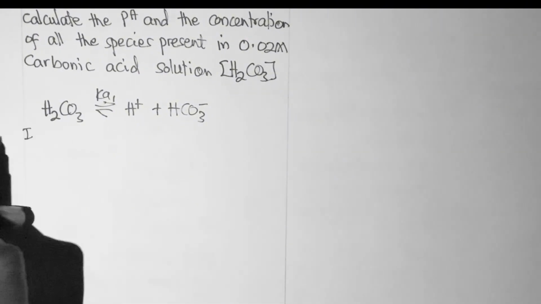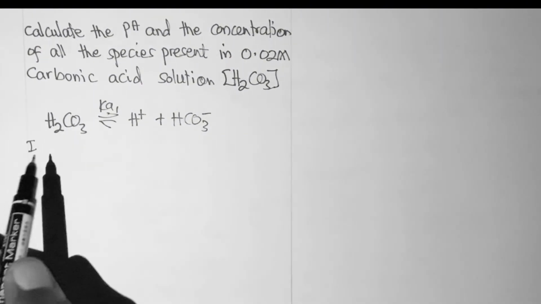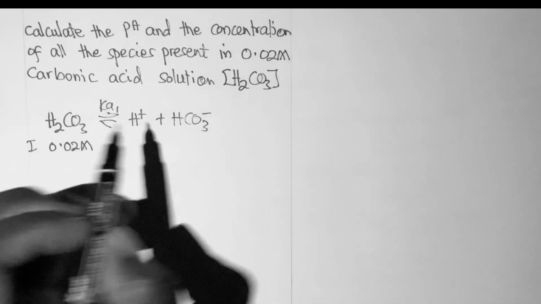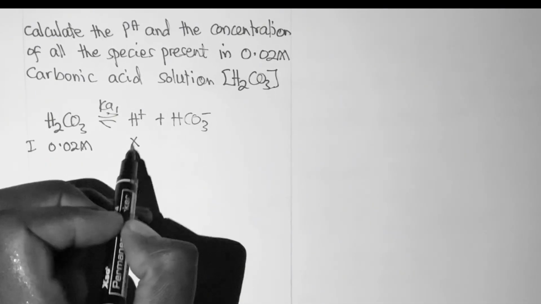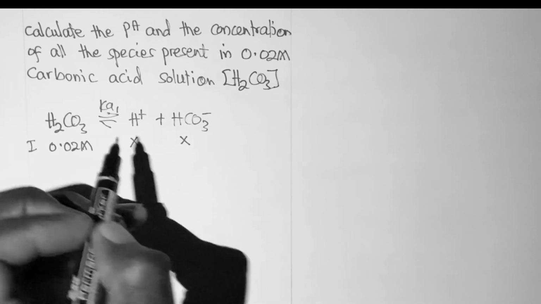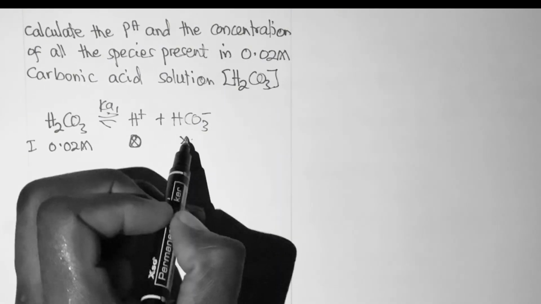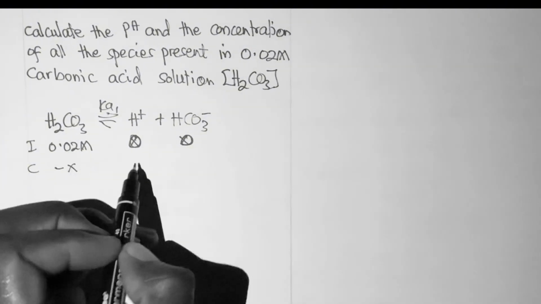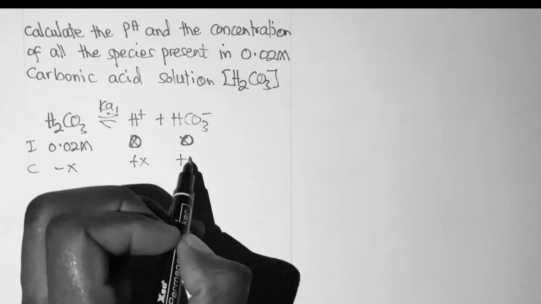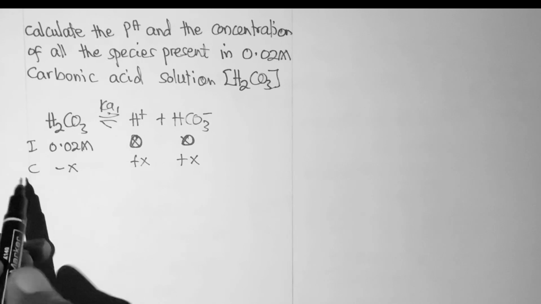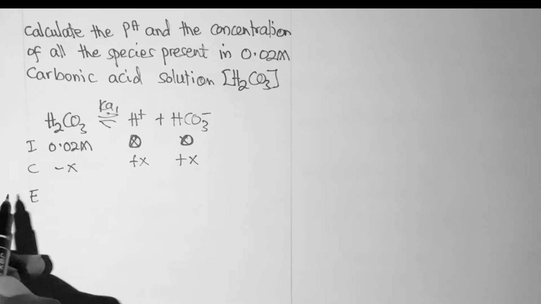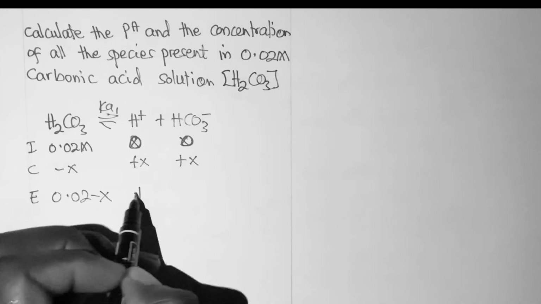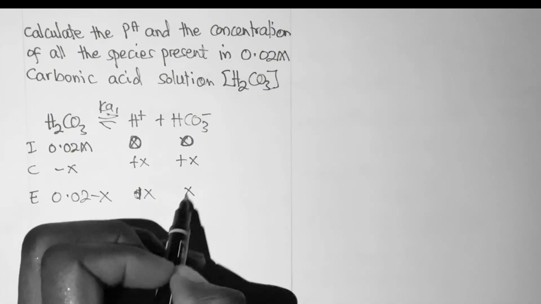The initial concentration of H2CO3 is given as 0.02 molar, and the H plus and HCO3 minus are 0. The change here is minus X, plus X, and plus X. And then the equilibrium concentration here is 0.02 minus X, here is X, and here is X.